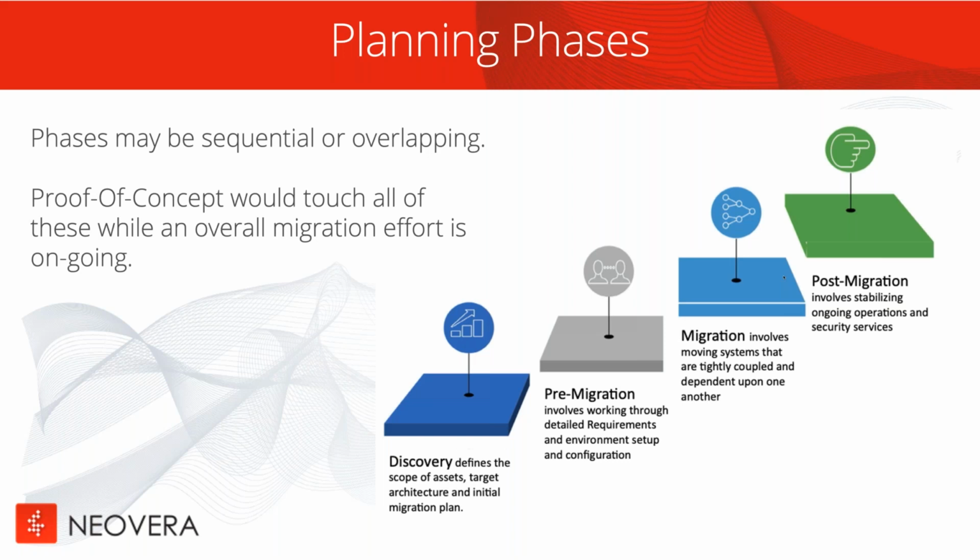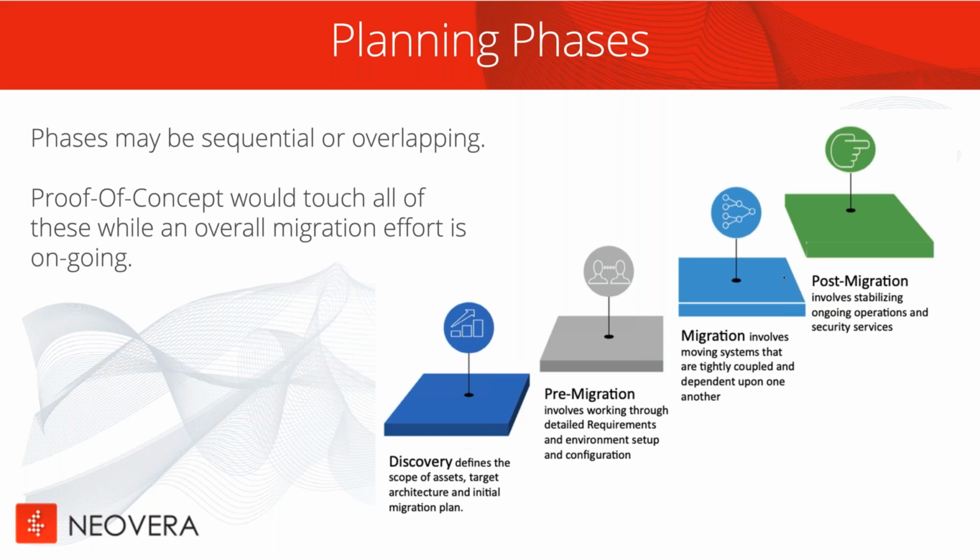And all of this, I mentioned this as a proof of concept. Every client we've done this with has always done a proof of concept. I don't think anybody wants to just make the decision to go without showing proof. The proof of concept touches on every single one of these. You're going to go through these phases.